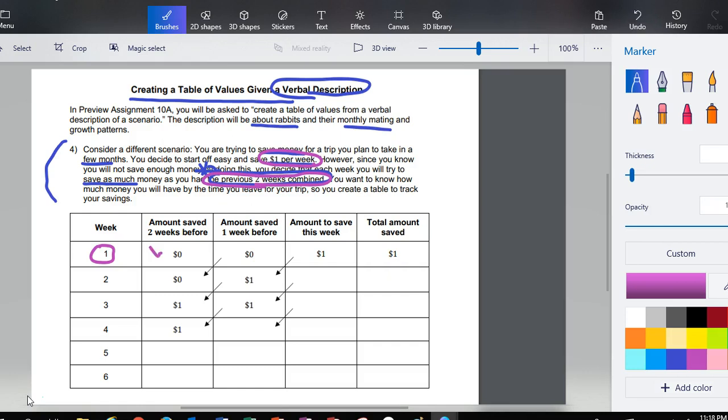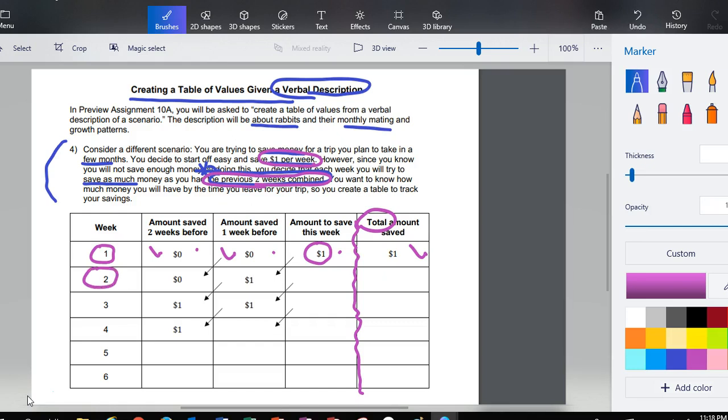So we have no money saved from 2 weeks before, no money that we're going to be including in our savings from last week. All we can do is say, I'm saving $1 this week. And then what's the total amount saved for week 1? Nothing plus $1, $1.